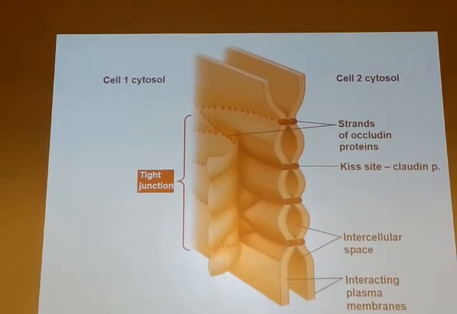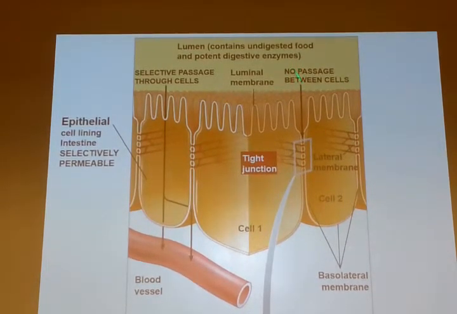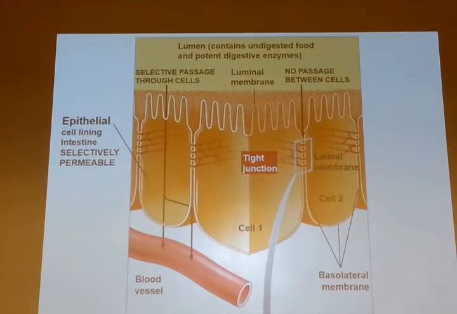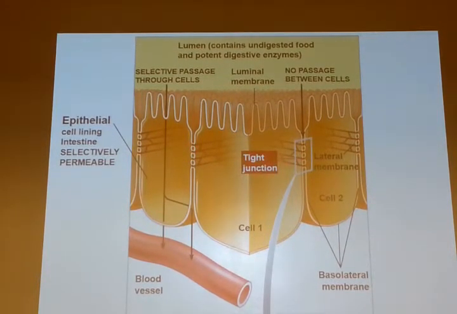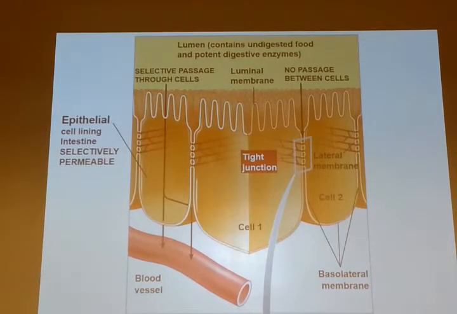The location of the tight junction is towards the apical surface of epithelial cells. The paracellular pathway should be eliminated from the chance of particles or pathogens, other things that may be out here in the lumen, from getting between cells and then into your body. So tight junctions are designed to prevent this leakage.